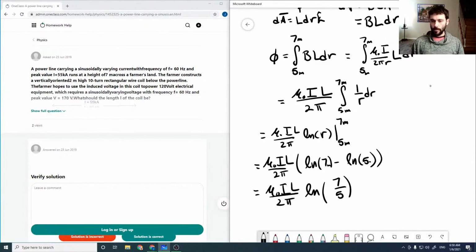Just using the ln rules, subtracting 2 lns is the same as dividing by what's inside. And so then there's our flux.